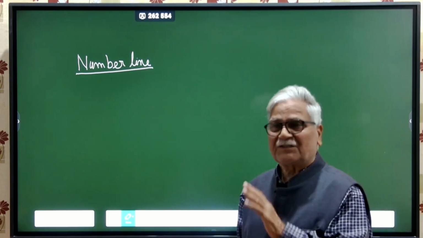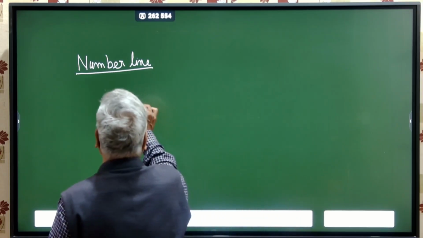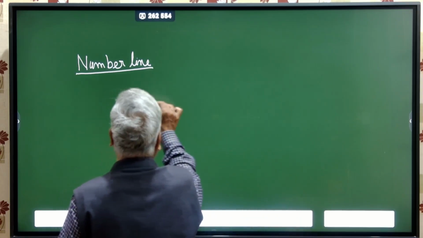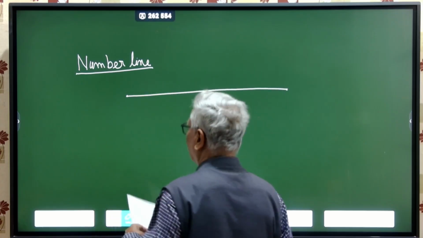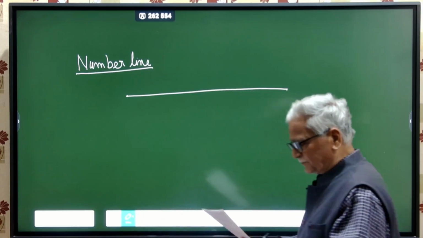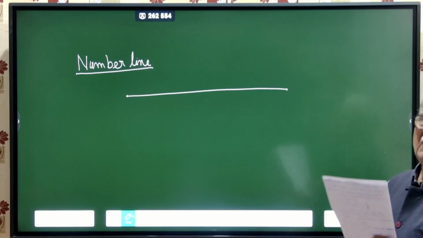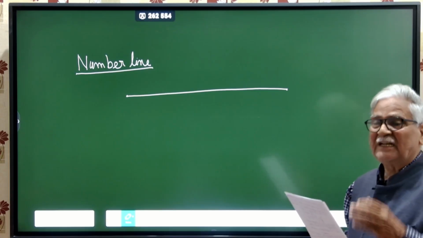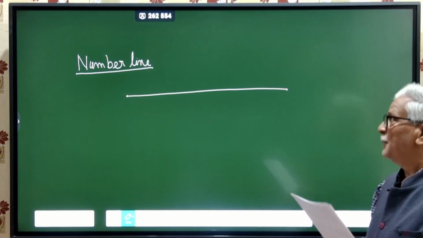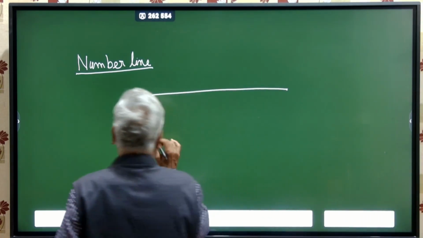So first, a student should be asked to draw a straight line. Since we are talking about the numbers from 0 to 20, we should make a point starting from 0.